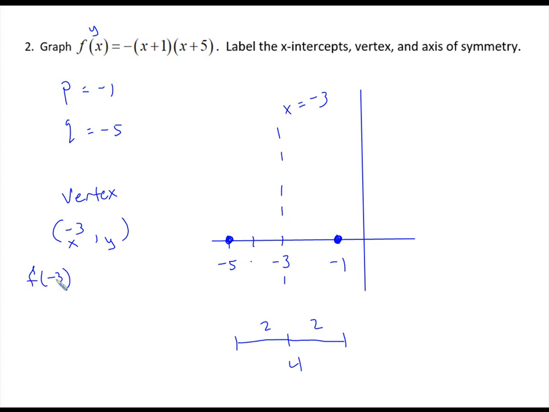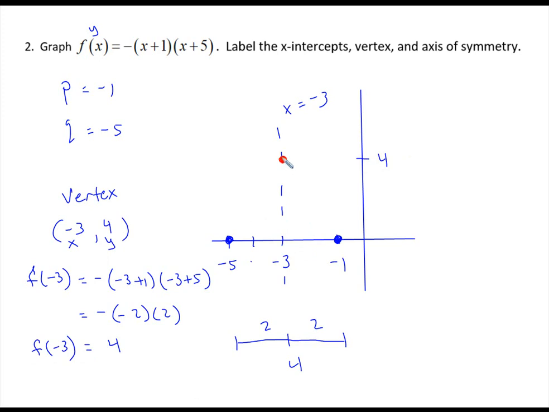This just means we're plugging in -3 into our equation. So we have negative parentheses -3 plus 1 times -3 plus 5. And we work it out. Negative parentheses -2 times 2. So we end up with 4. Okay. So we know our vertex is -3, 4.